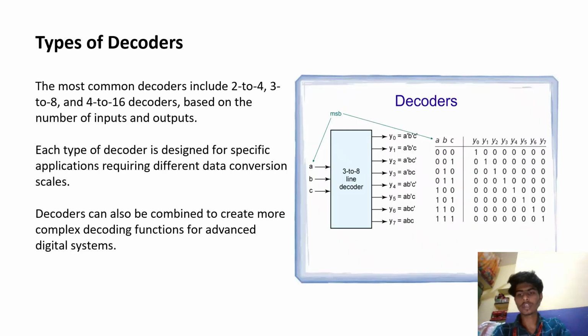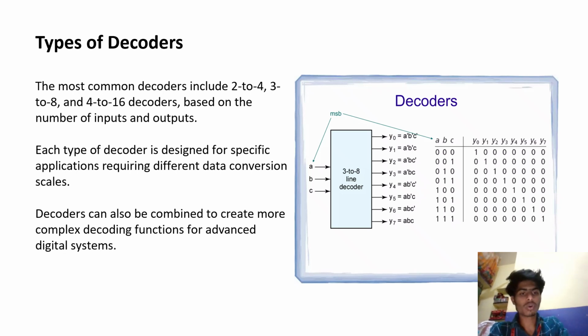In this slide we are going to discuss the types of decoders. We learned that when we give n input lines we get 2 to the power n outputs. Based on that, decoders are divided into types. The most common are 2 to 4, meaning 2 input lines and 4 outputs; 3 to 8, where 3 inputs give 2 cubed, 8 outputs; and 4 to 16, where 2 to the power 4 equals 16 outputs.